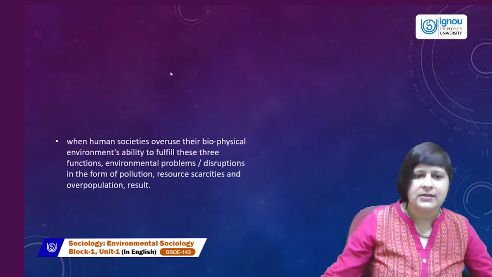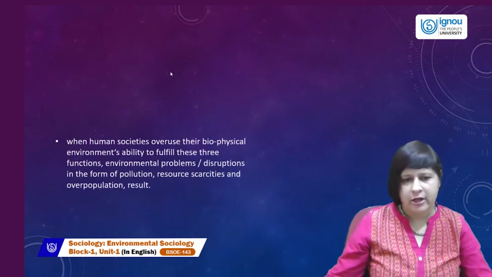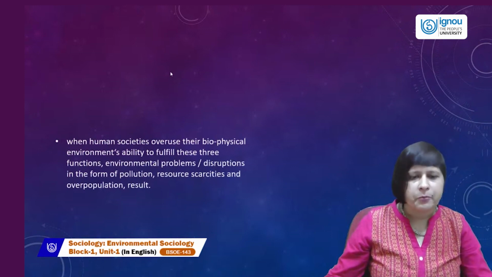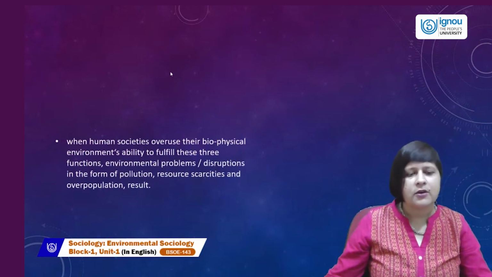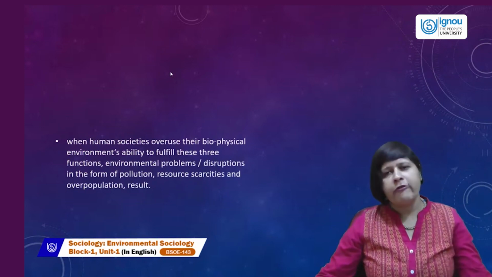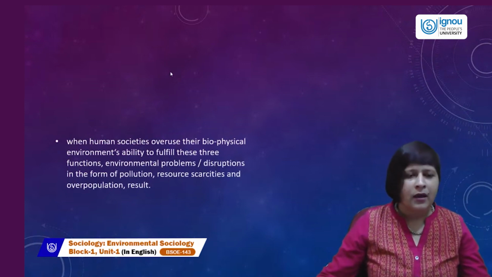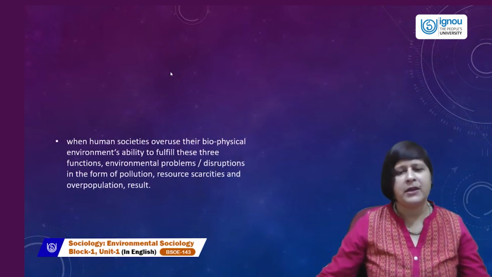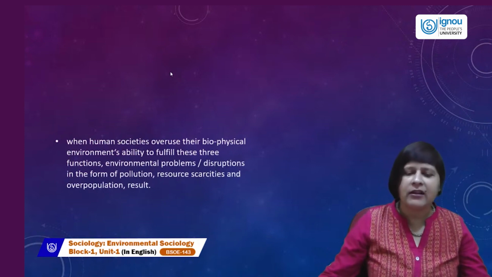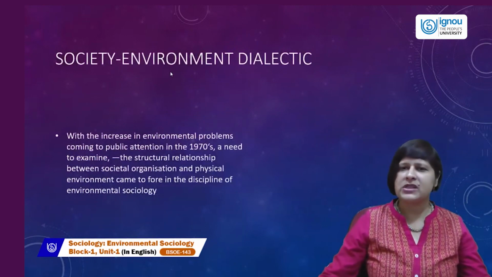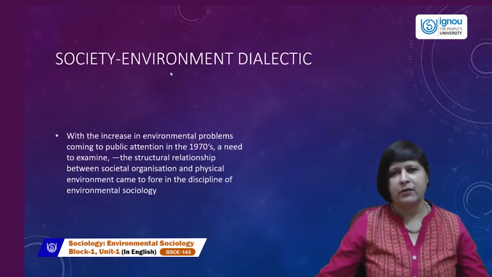When human societies overuse their biophysical environment's ability to fulfill these three functions, environmental problems in the form of pollution, resource scarcity, and overpopulation result. When human society exploits the biophysical environment, this results in problems like pollution, resource scarcity, and overpopulation, and it creates a problem for human society as well as for the biosphere.